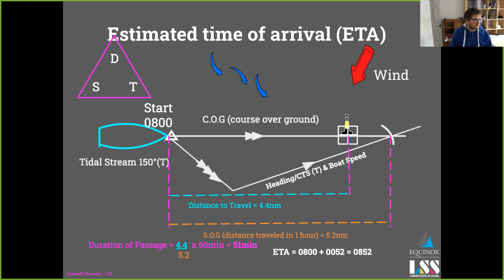Because the speed is in nautical miles per hour, if you want minutes, you just times it by 60. So the duration of our passage, or our ETA at the cardinal mark, is 4.4 miles distance divided by 5.2 miles speed, times 60, which gives 51 minutes. That makes sense, because if it takes an hour to arrive here, we would expect it to take a little less to arrive at the waypoint.